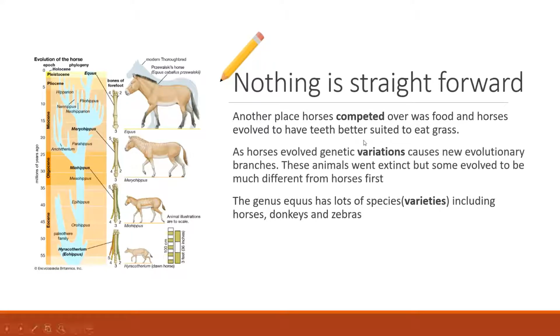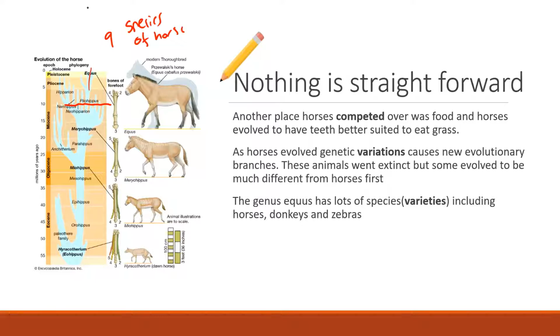If you took this point right about here in evolution, there are about 9 different species of horse.